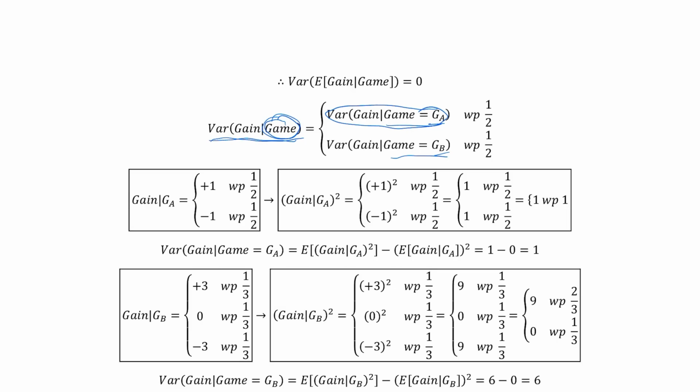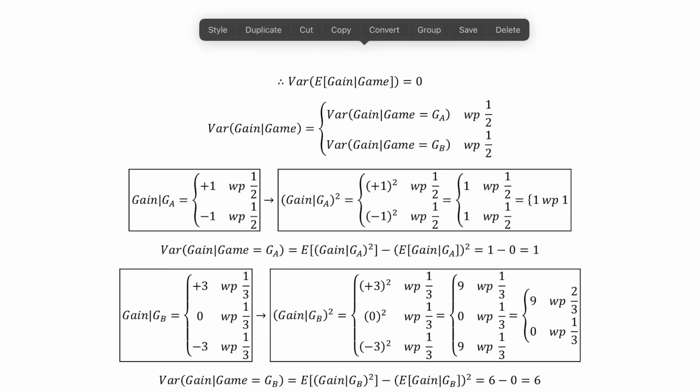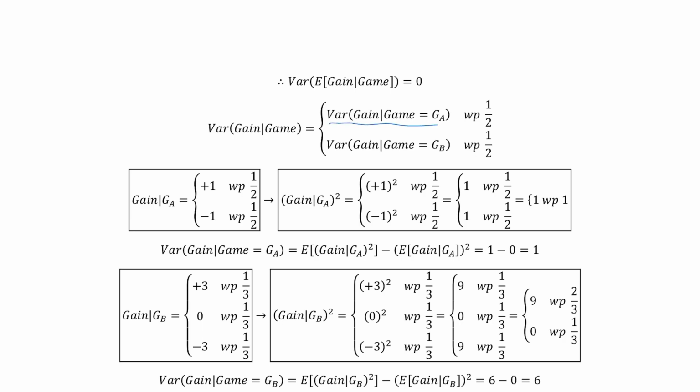And we know that game takes on the value game A with the probability 0.5, and hence we write it that way. So what we need to do is to compute these two expressions, right? So gain given A.